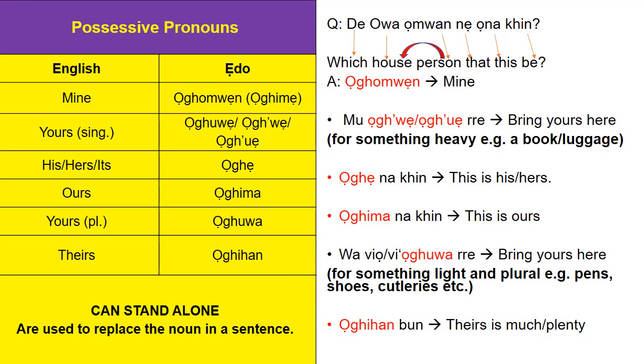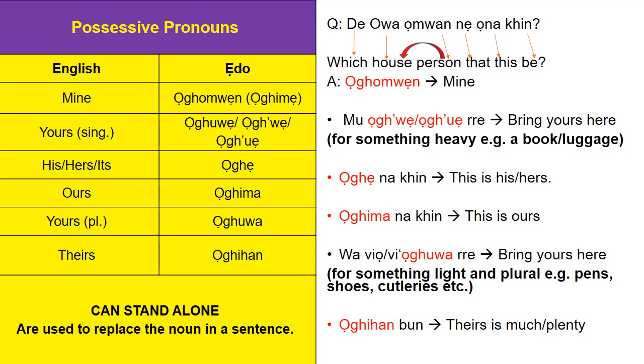Mure is bring here, but the verb mu has the information about the noun which is experiencing the effect of this action, and that noun is something heavy, something that has weight to it. For instance, a book, a luggage, a chair. So mu orwe re, bring yours here.